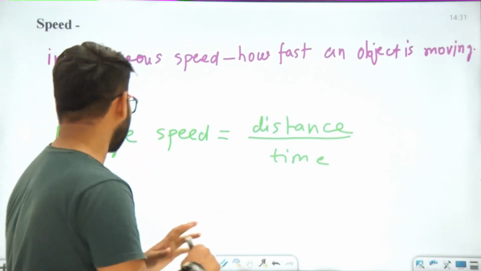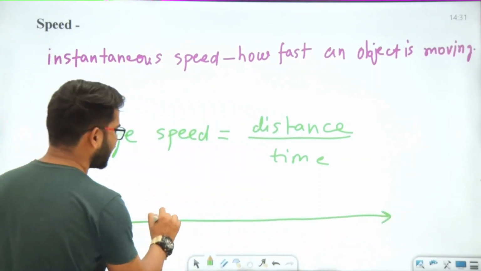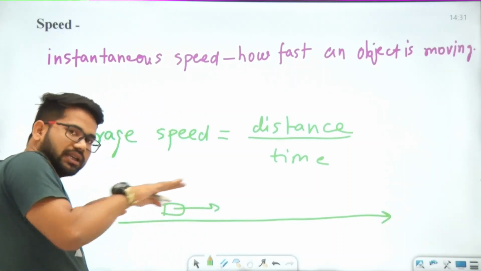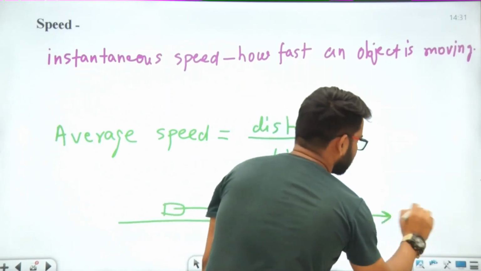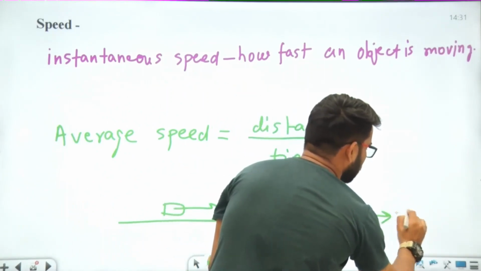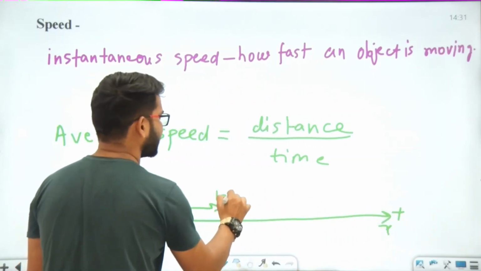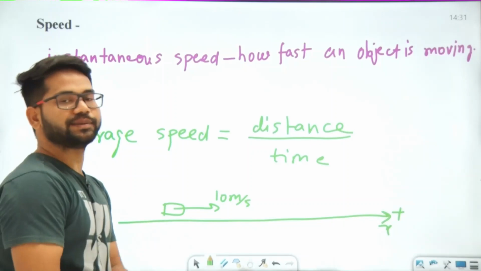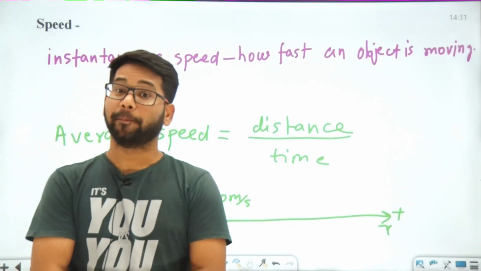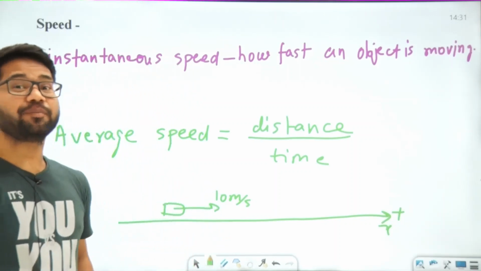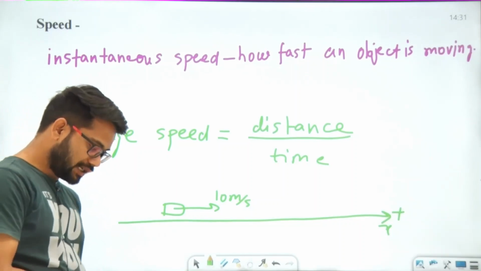If we are discussing one-dimensional motion and a car is moving in one direction, and we are taking the x direction as positive, and this car is moving with 10 meters per second, what will be the speed? 10 meters per second. And what will be the velocity? That will be plus 10 meters per second. That plus is showing us direction.